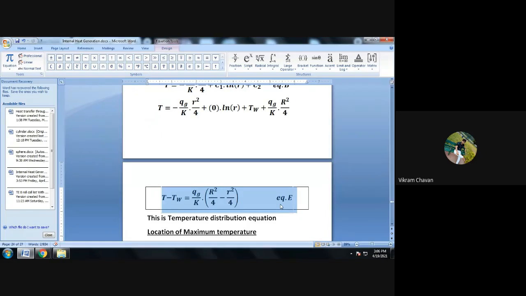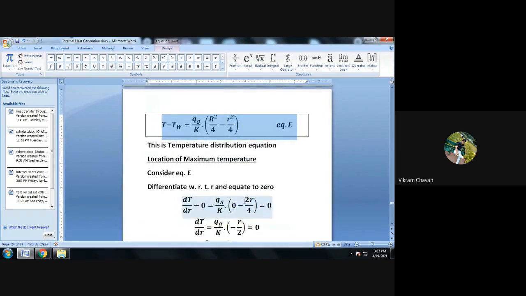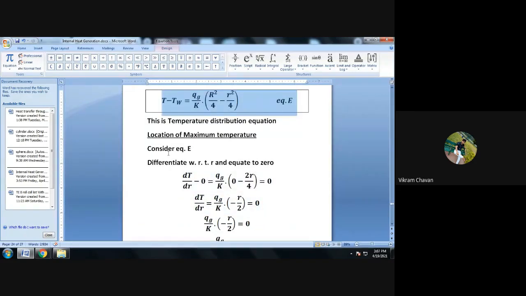Then we will get the equation in the form of Tw, and you have to replace that Tw in this temperature distribution equation and also in the maximum temperature equation. Further part, the location of maximum temperature, we will discuss in the next lecture. If you have free time at home, you can try this, no issue.